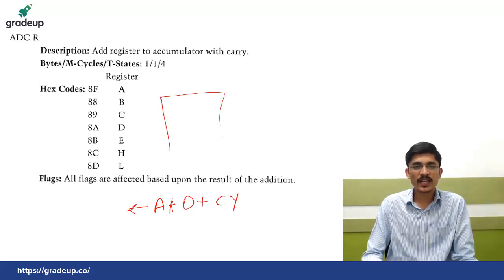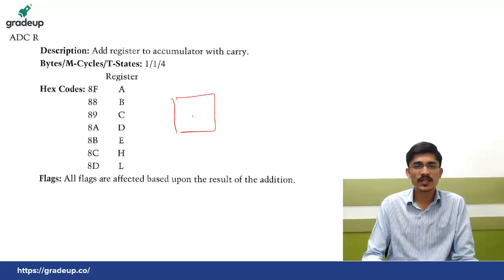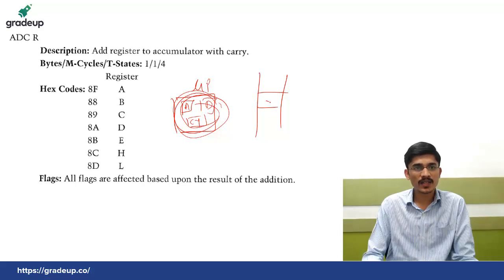As you can see, the microprocessor has the A register, the D register as well as the flag register. So everything is inside the microprocessor. After the fetching of 8A, it will not require any further time.